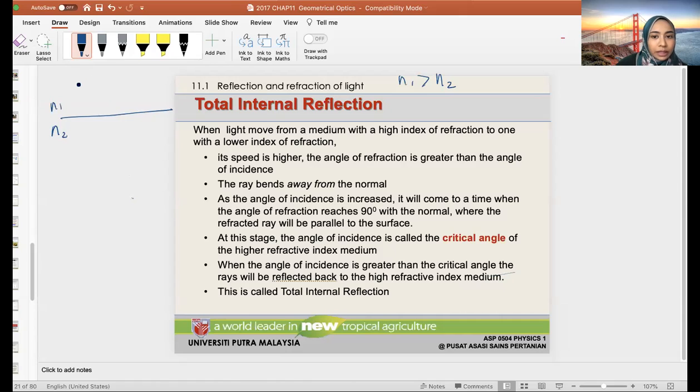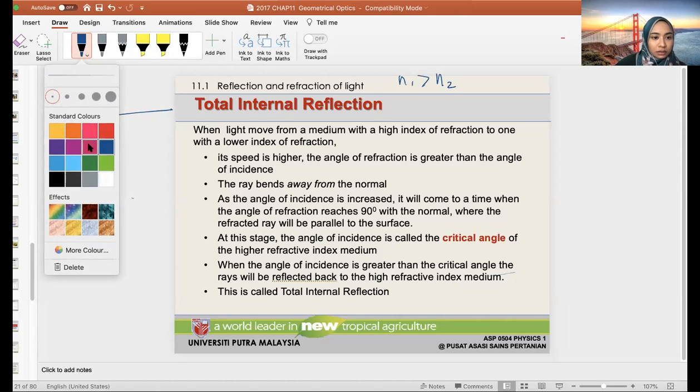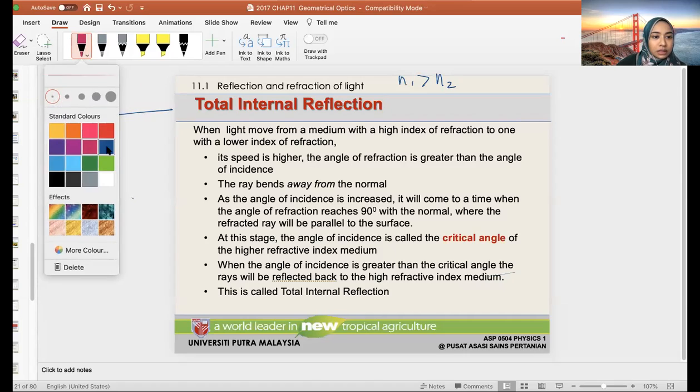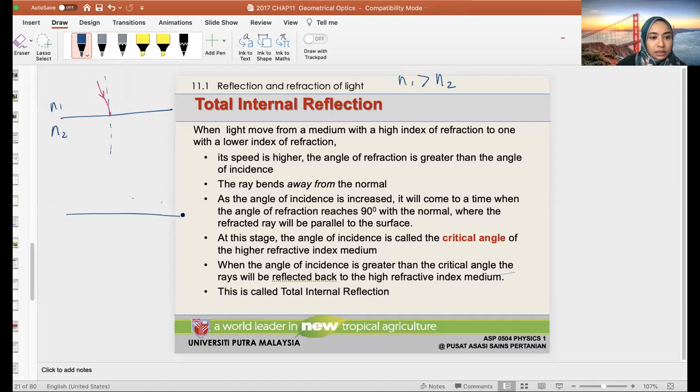Now my n1 should be greater than n2. This is my normal. So first I start with an angle that is small. My incident angle is small. And then the second situation is lain pula angle dia. Kita buat semua satu tempat. Sekejap. Let me draw this properly. Okay, yes.